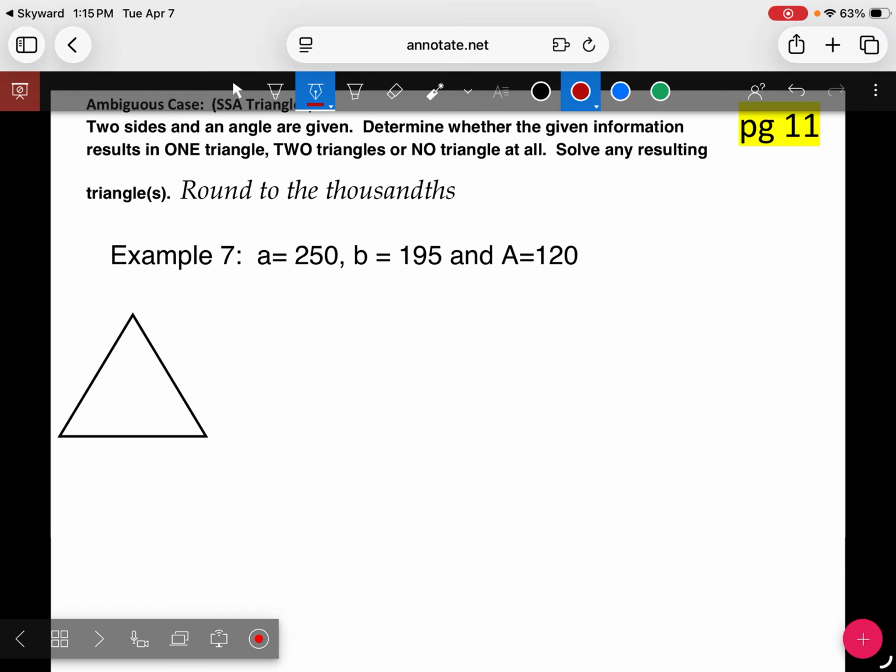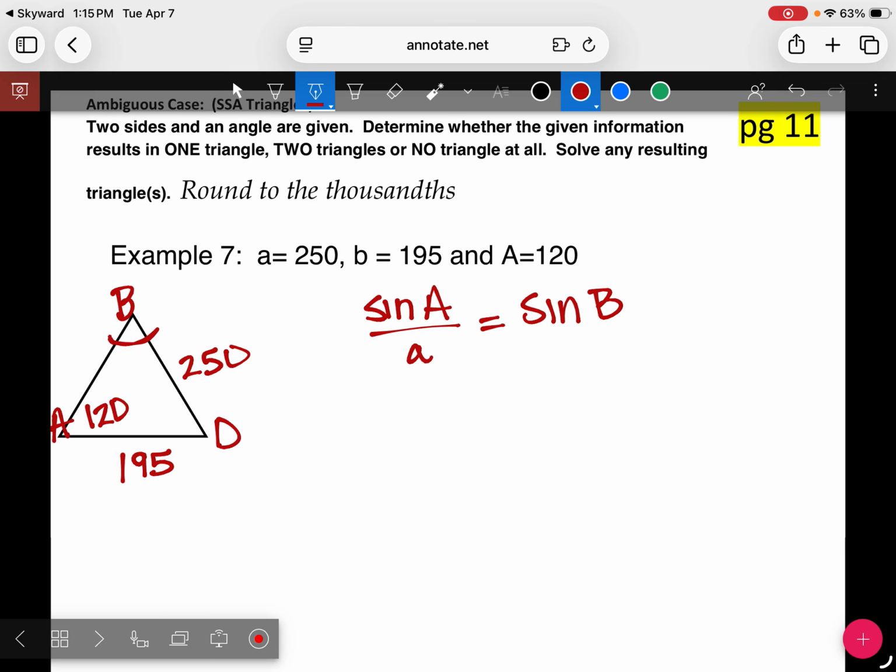Okay, so I'm going to do A, B, D. So we know big A is 120, little a is 250, and little b is 195. So we're going to start by finding angle B. I'm going to take the sine of A over a, set that equal to the sine of B over b.